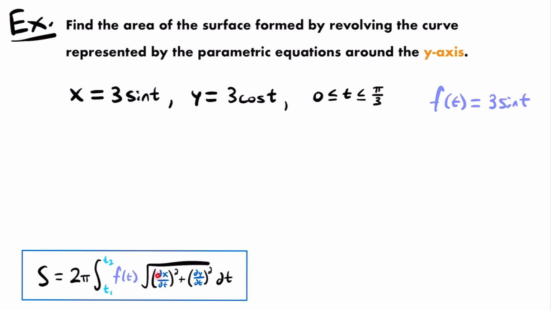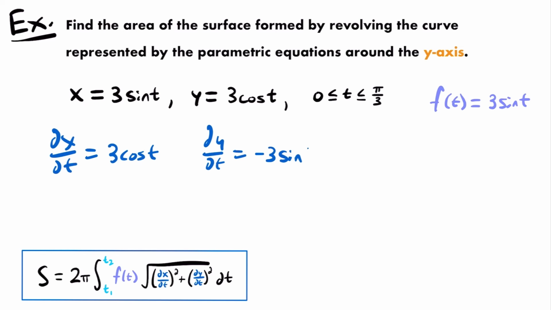Now let's find the other two values that we need to set up this integral. We need dx dt and dy dt, which are the derivatives with respect to t of our parametric equations. And so let's find those. dx dt will be equal to the derivative of 3 times sine t, and the derivative of sine is cosine, so dx dt will be 3 cosine t, and then dy dt will be equal to the derivative of 3 times cosine t, and the derivative of cosine is negative sine, so we'll have negative 3 sine t.